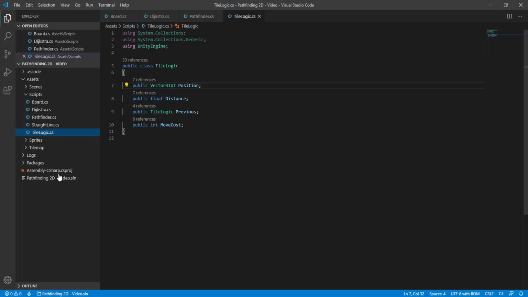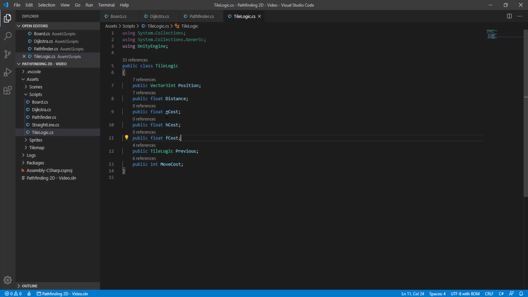And here on the tile logic, I'll just explain briefly so you have an idea of what the A star does. With A star we have a G cost, an H cost, and an F cost.